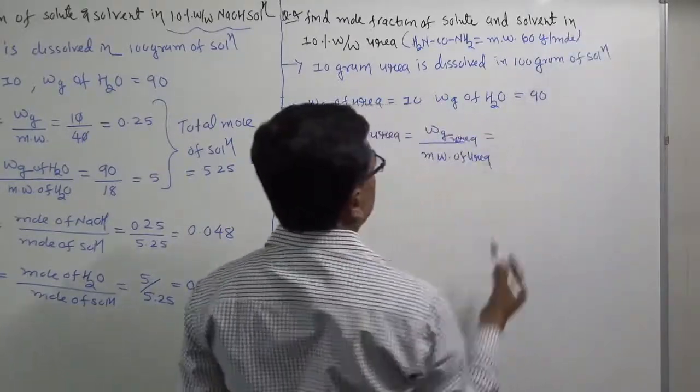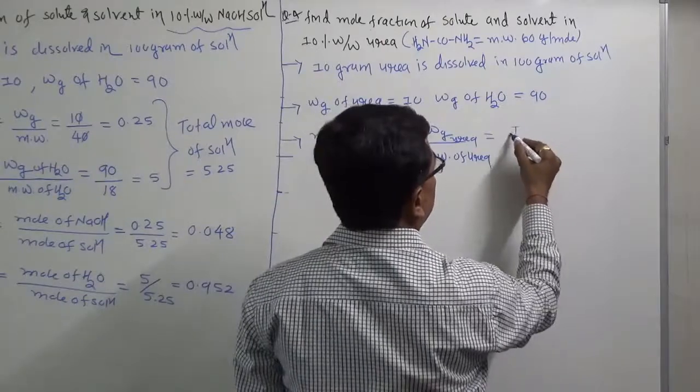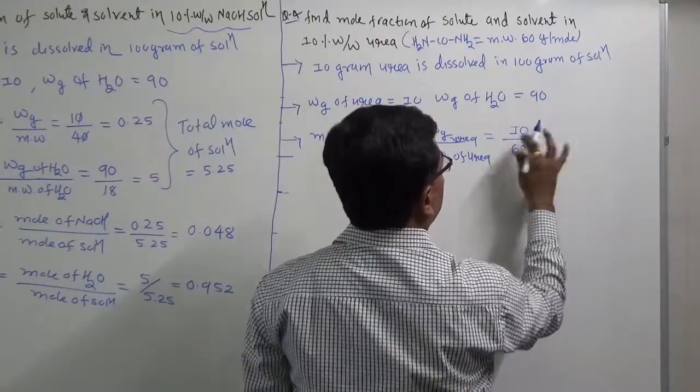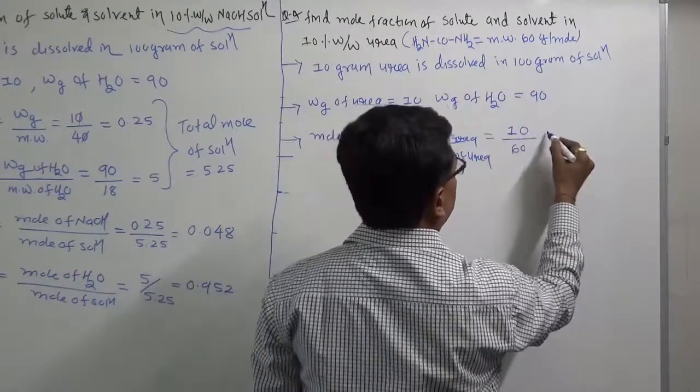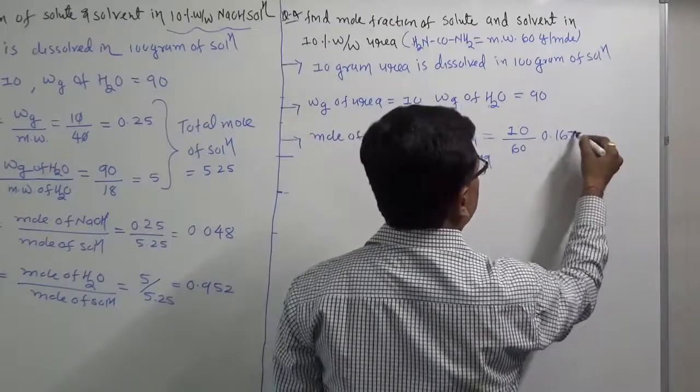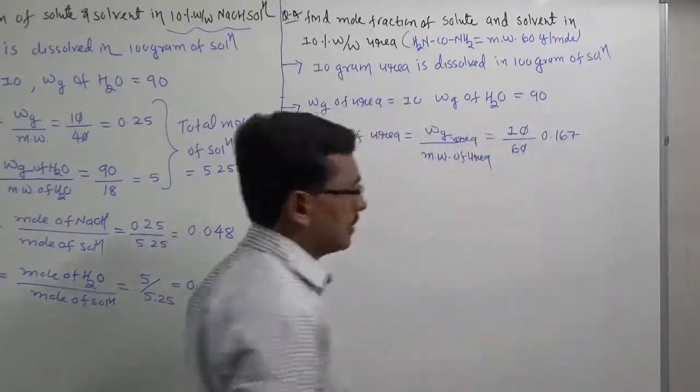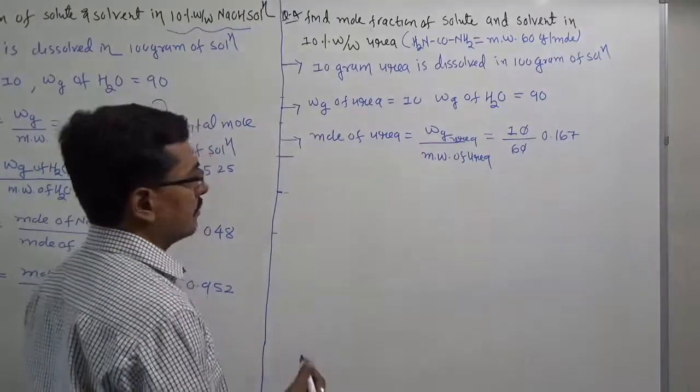So now put this value, 10 divided by 60. You will get your answer 0.167.